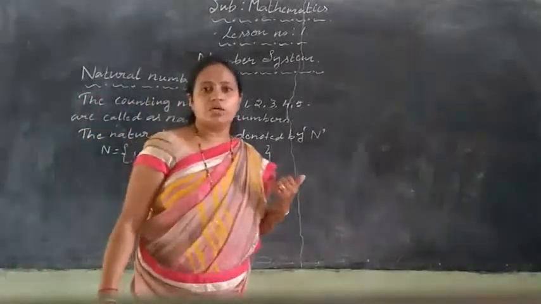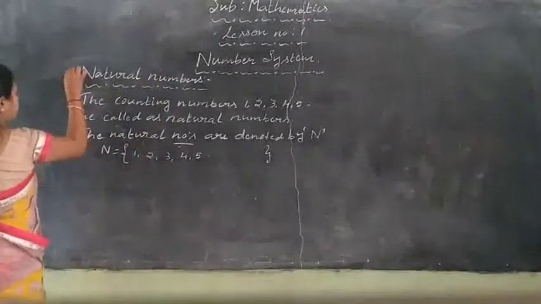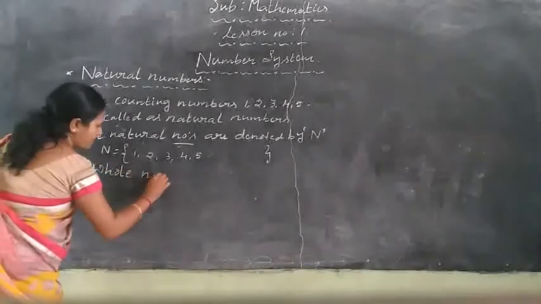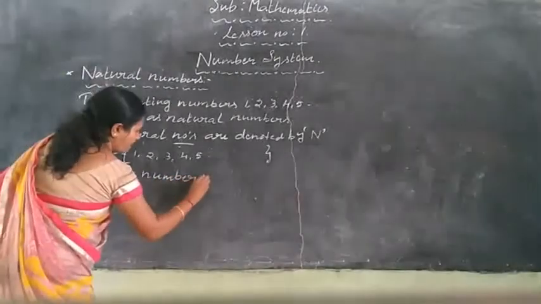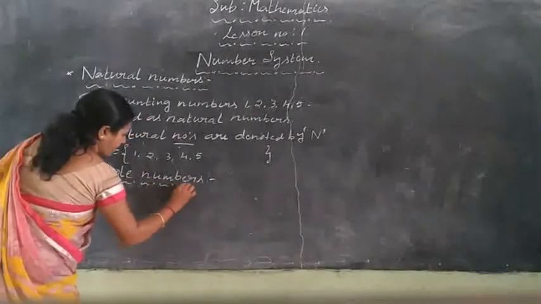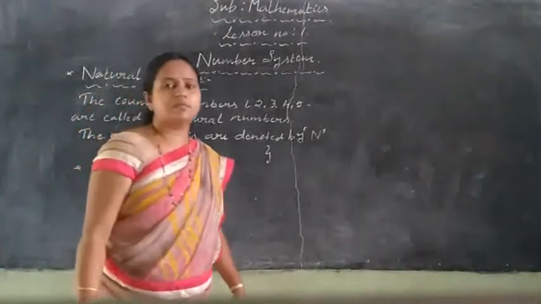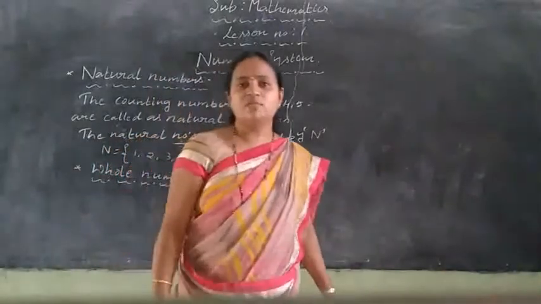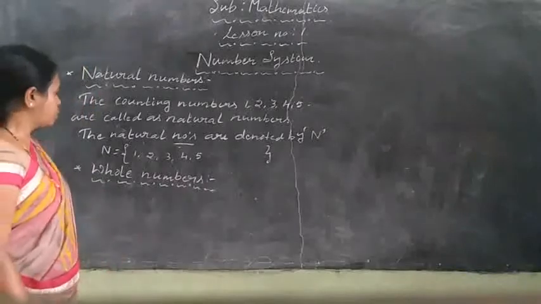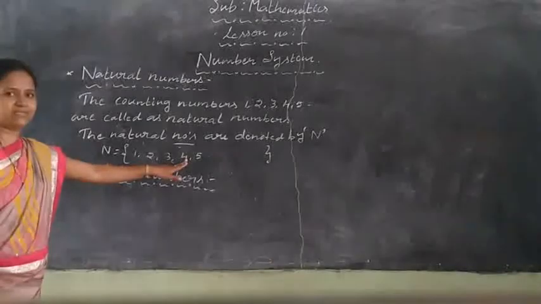So next we shall move on to the next one, that is whole numbers. What do you mean by whole numbers? Now we got the meaning of natural numbers, isn't it? Now tell me what's the meaning of whole numbers? In natural numbers, we start from 1, 2, 3, 4, 5, isn't it?